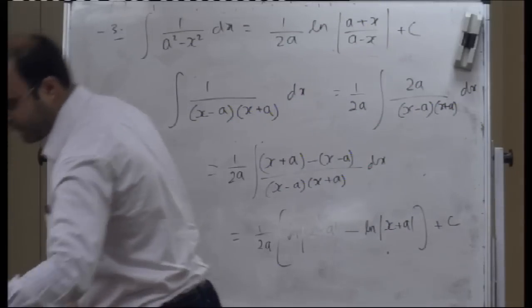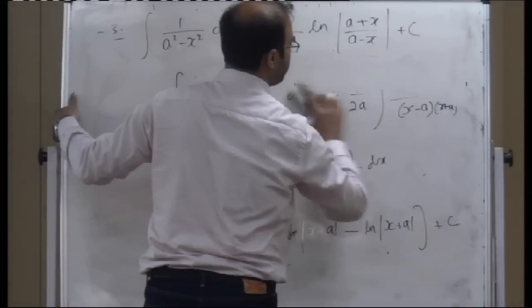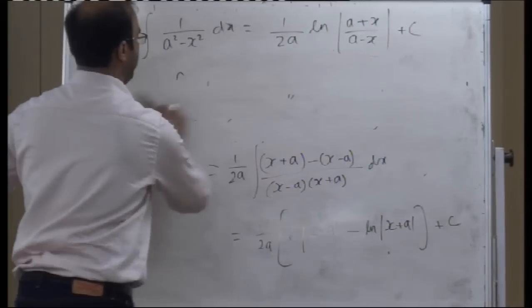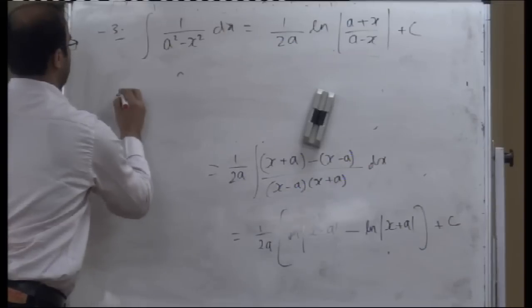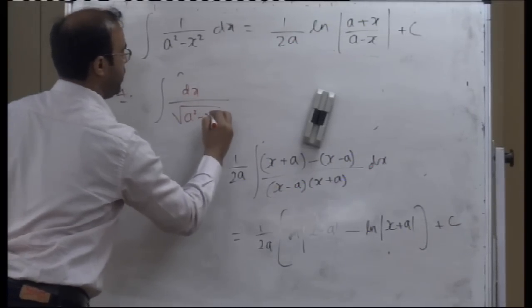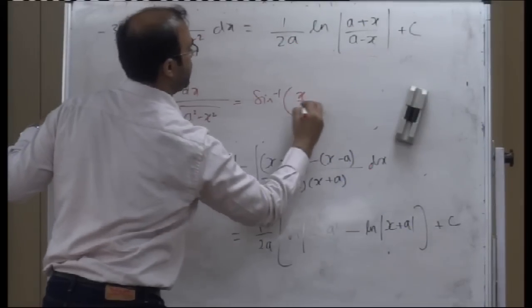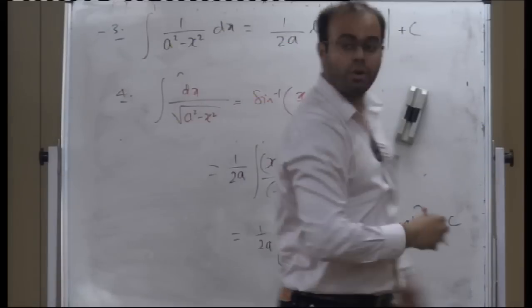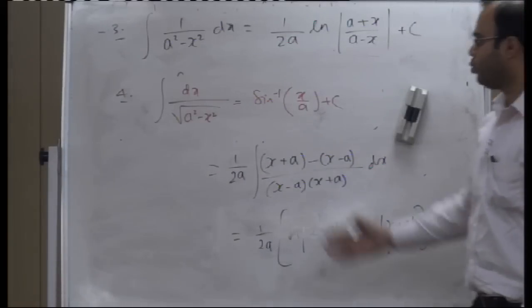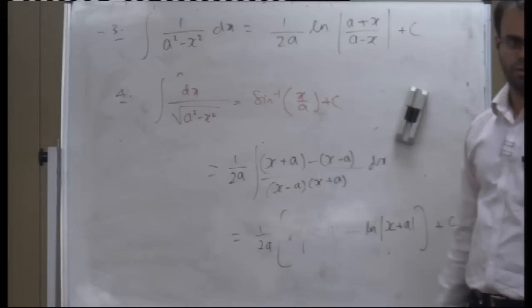There is a next one which we are again not deriving. You can do it by standard substitution, which we have studied. That is dx by root over a square minus x square. It is sine inverse of x by a plus c, which we used earlier also. So here also you will do the substitution, x equal to a sine theta, and solve it.